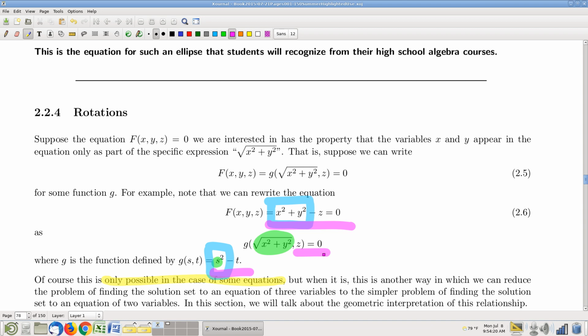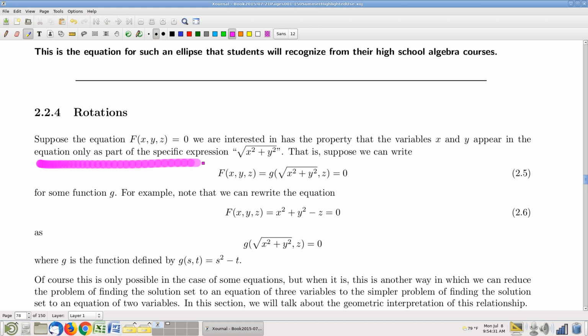Okay, so like I say, very narrow. But when this happens, when you get this algebraic good fortune that x and y appear only as part of this very special form, powerful conclusion.